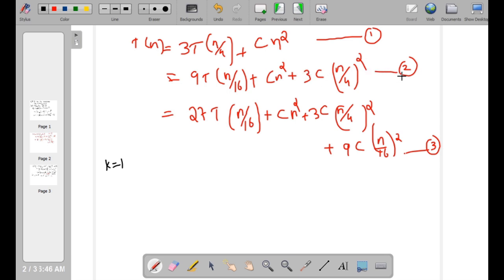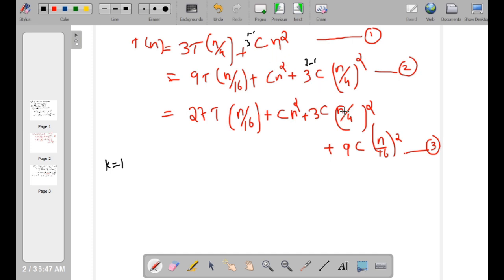See, when equation number is 2, here 3 raised to 2 minus 1. When equation number is 1, 3 raised to 1 minus 1. So 3 raised to 0 is 1, 3 raised to 0 into 3cn square.